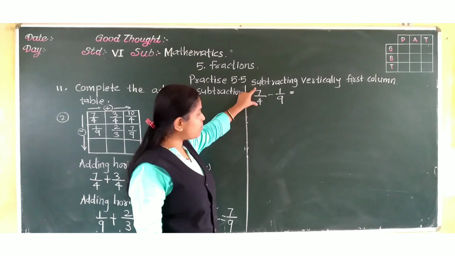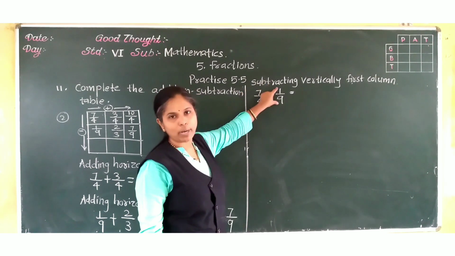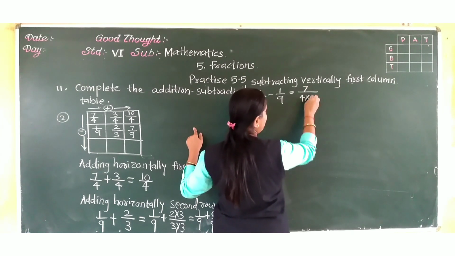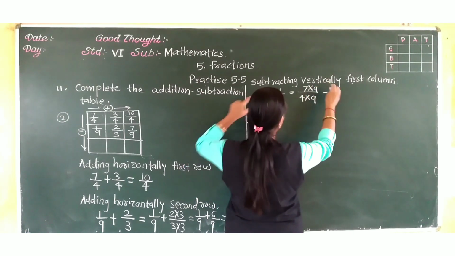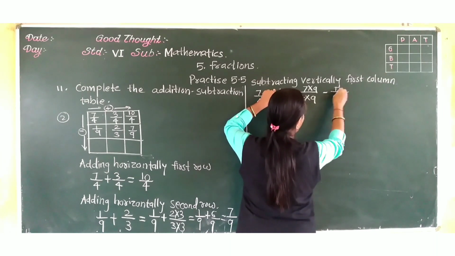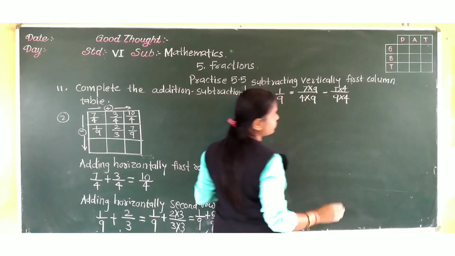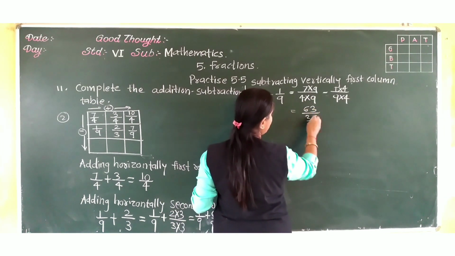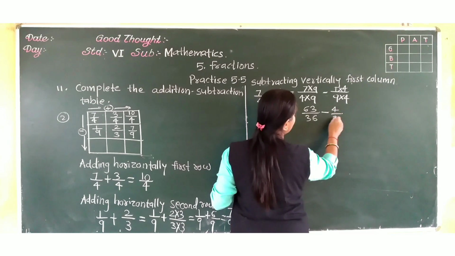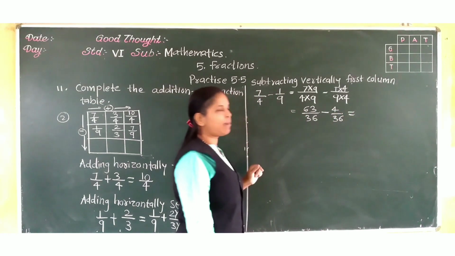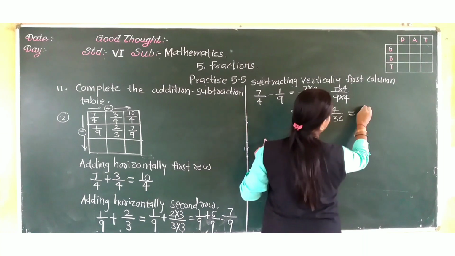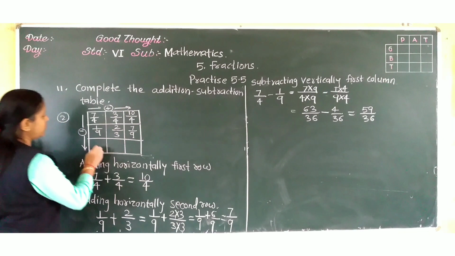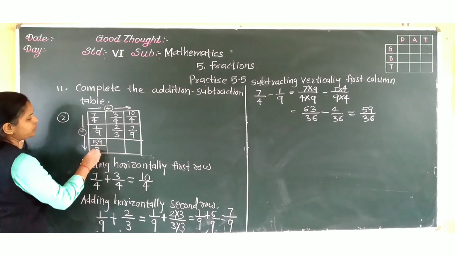That means this we have to multiply by 9 and this fraction we have to multiply by 4. So 7 upon 4 into 9 minus 1 upon 9, this we multiply by 4. Correct? So 7 9s are 63 upon 36 minus 4 upon 36. So what will be the answer? 63 minus 4, 59. It is 59 upon 36. This is the answer of this first column.